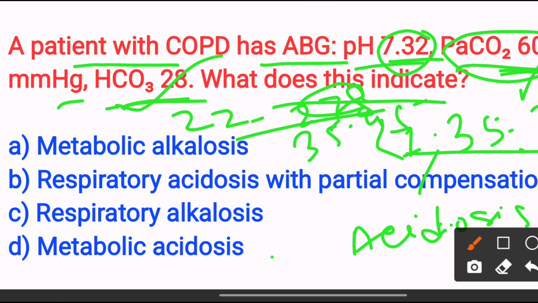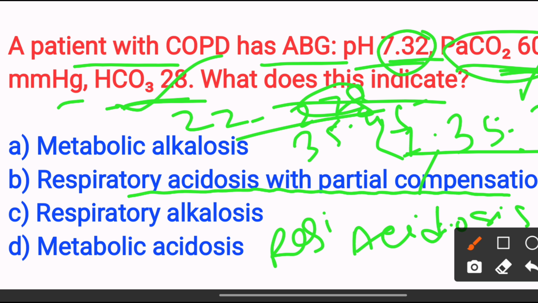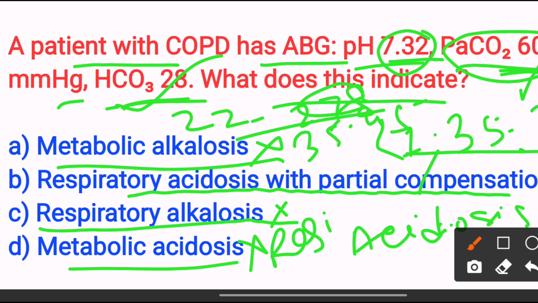So we can say respiratory acidosis with partial compensation. Metabolic alkalosis, no. Option C, respiratory alkalosis, no, it's an acidosis. Metabolic acidosis, no, because this is respiratory acidosis. So the answer is option B, respiratory acidosis with partial compensation.